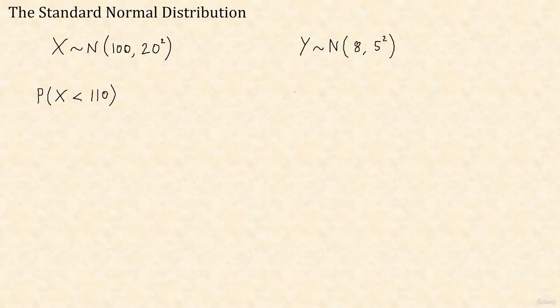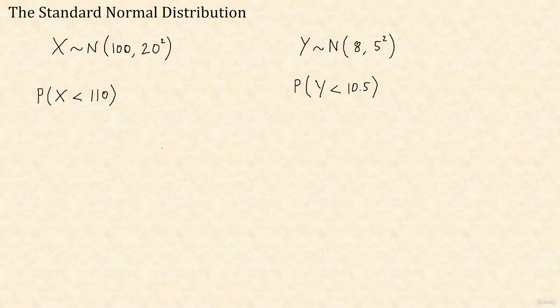And I wanted to work out the probability that y was less than 10.5. Well, you may be thinking, what do these two questions have in common? Well, the answer is they actually have the same answer.